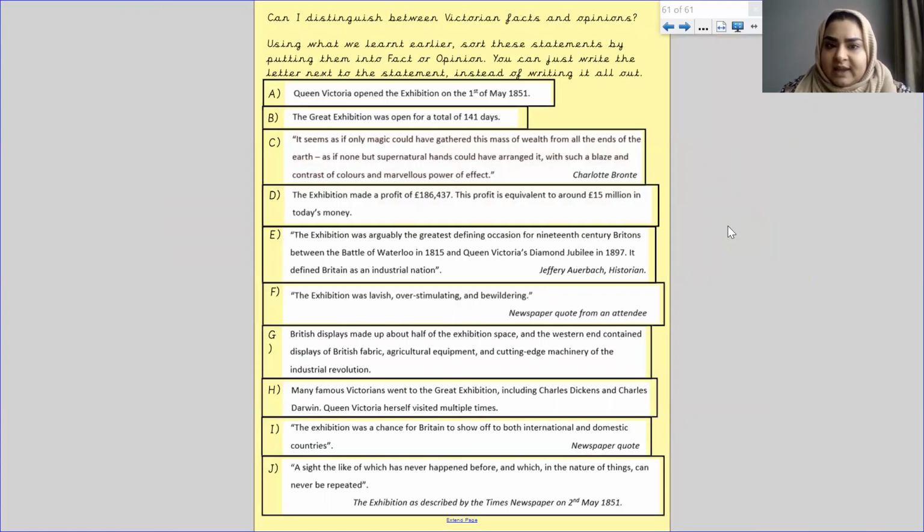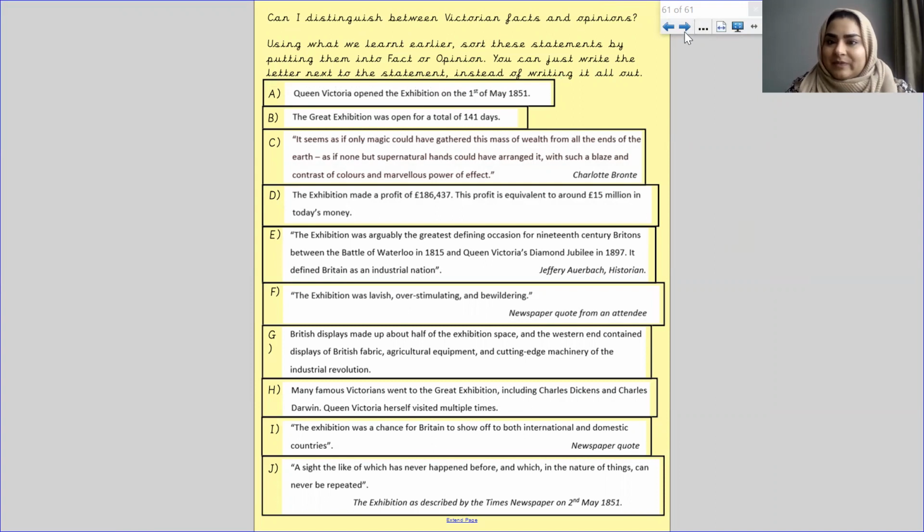Now, using what we learned earlier about facts and opinions, sort these sentences by putting them underneath the correct heading, so on the correct side. Okay, you can just write the letter next to the statement instead of writing it all out. So, for example, it says here, A, Queen Victoria opened the exhibition on the 1st of May 1851.